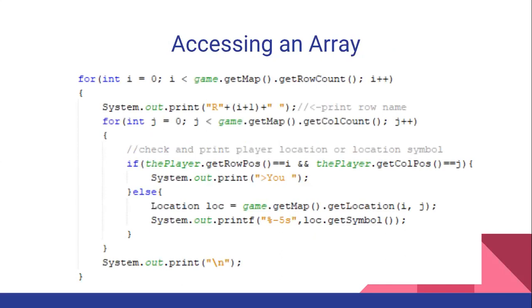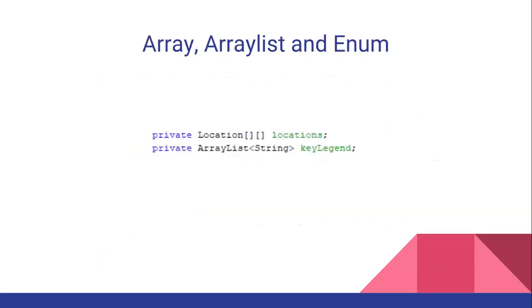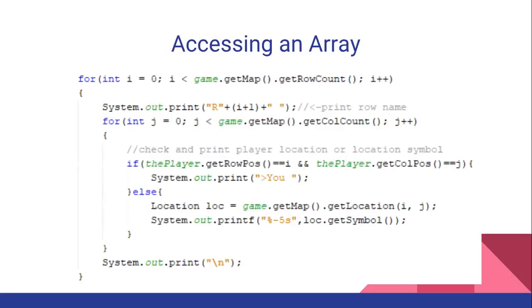Now, how can I access an array? As I see here, I have the location array, and it's a two-dimensional array. As it is two-dimensional, I need two for loops to access all the elements of this array. In this code I have two for loops, one with the I variable and the other with the J variable.